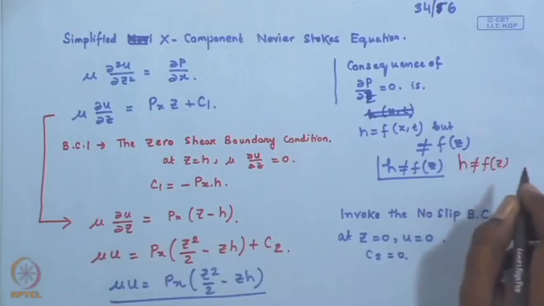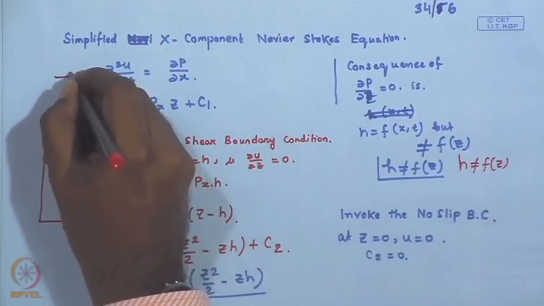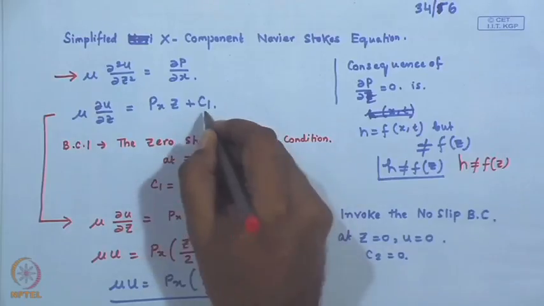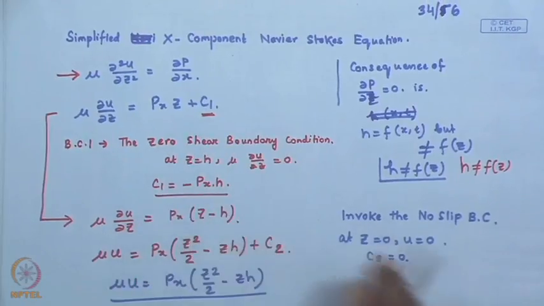So with that, we started to look at the simplified x component Navier-Stokes equation, and we have integrated it twice already with respect to z, and invoked appropriate boundary conditions. The first boundary condition we invoked is the zero shear boundary condition, which says that at a free interface the shear stress is 0. So we plug that in to get the first constant of integration.